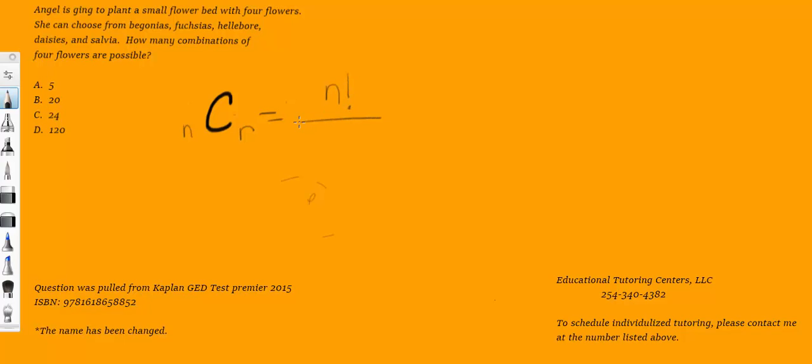Okay, so the formula is N factorial over R factorial times the difference of N minus R factorial.